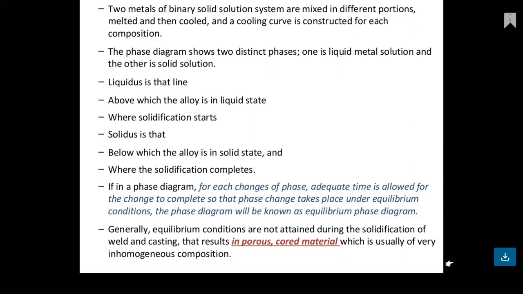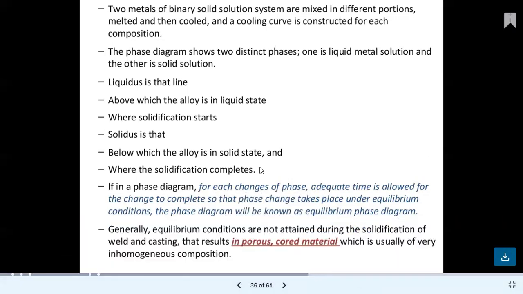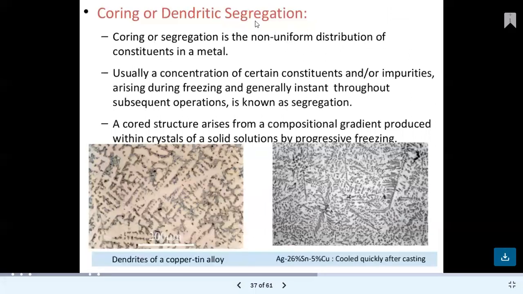If equilibrium is not attained at the time of solidification when we do welding, that is, when we connect two parts together, then some porous or cored material may be present at that point. Similarly, in casting also, some porous material is present.